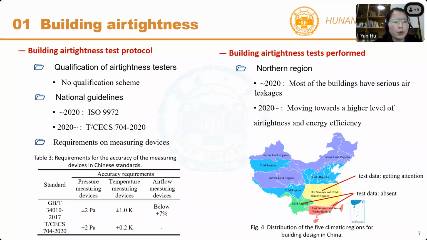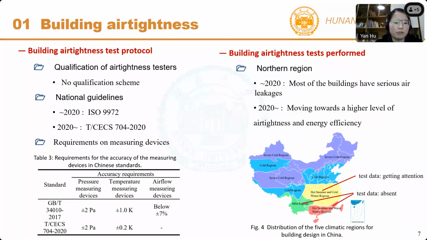There is no qualification scheme for airtightness testers in China so far. Most of the past airtightness tests were performed according to the international standard ISO 9972 with a blower door method. And after the end of 2020, the T/CECS gradually became the main reference standard.